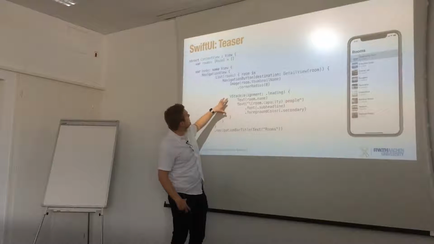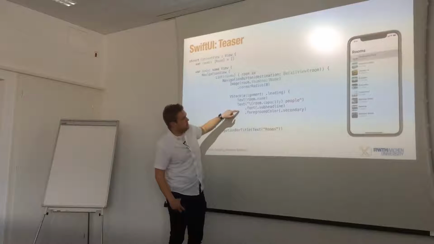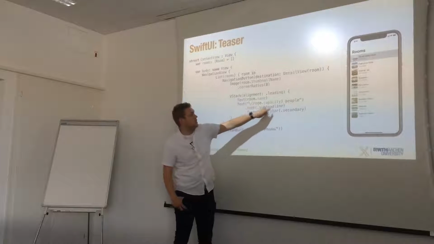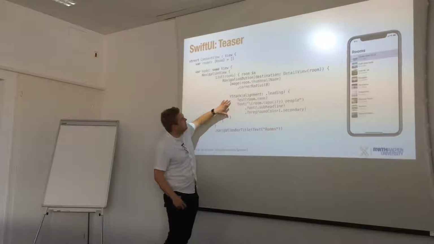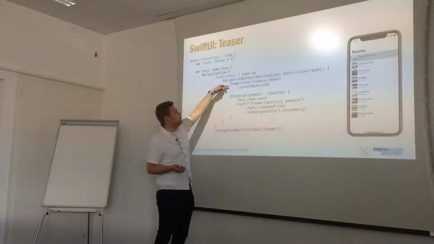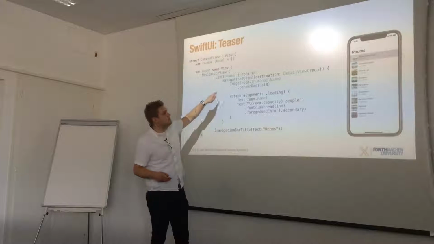This is what we see here. We have 2 text labels that are already bound, like room name and room capacity, and then put them into a vertical stack. Then we're adding an image next to it, and then we're putting this into a navigation button.